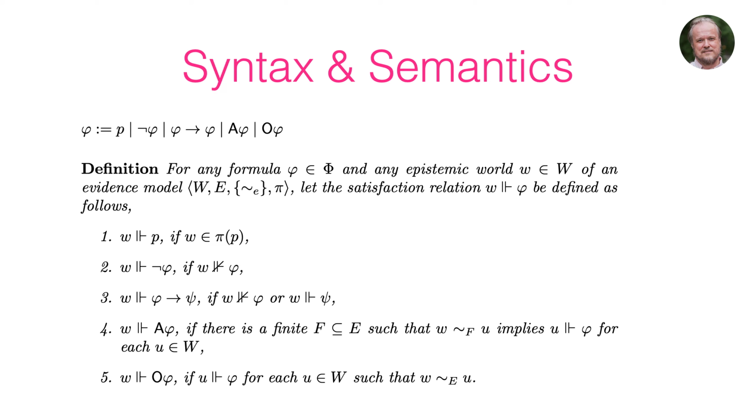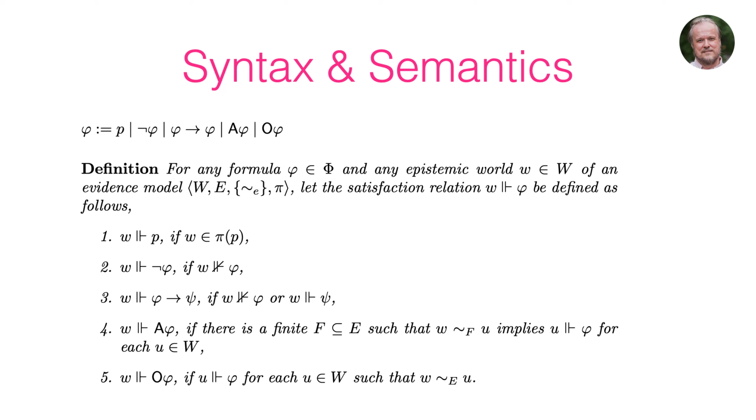At the same time, for attainable knowledge, we introduce into semantics one extra quantifier, an existential quantifier over a finite set of evidence. In order for you to have attainable knowledge of phi, there should be a finite set of evidence such that in all worlds indistinguishable by that evidence from the current world, phi is true.